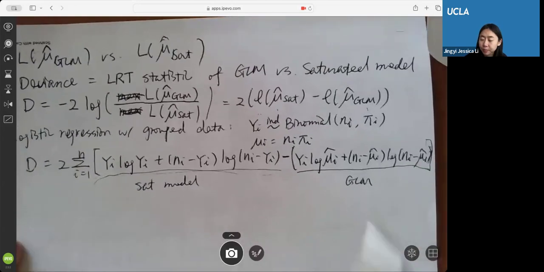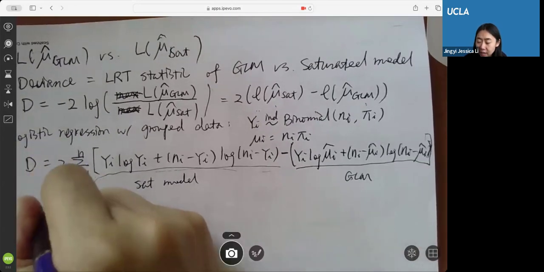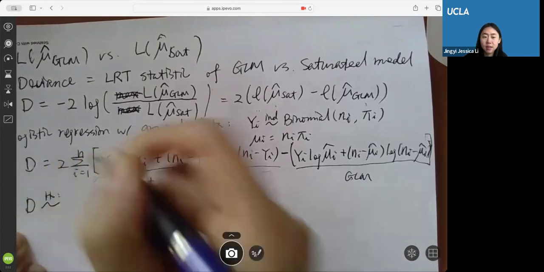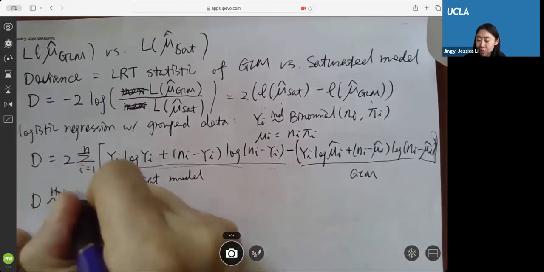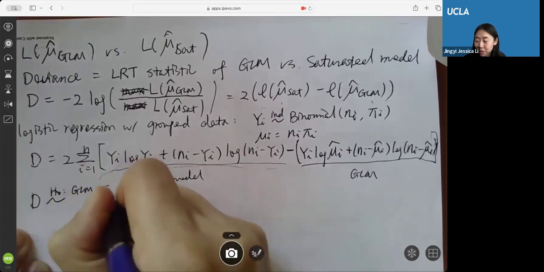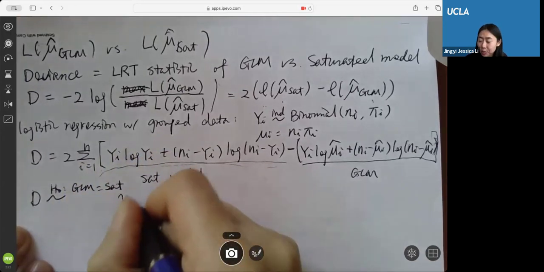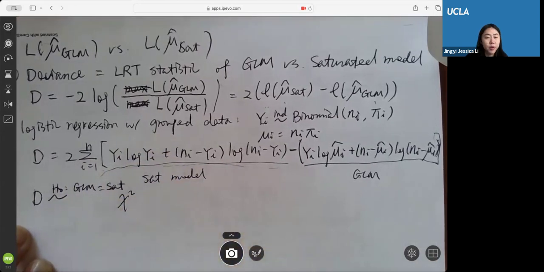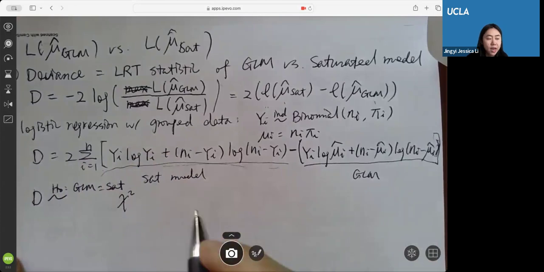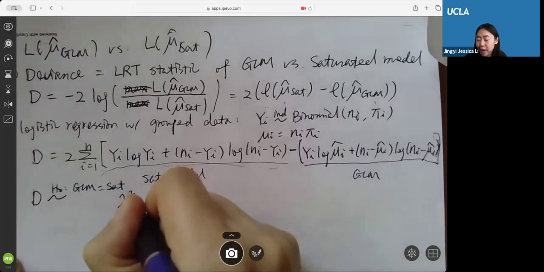So essentially, we write that D under the null, that is, the GLM is equal to the saturated model, should follow a chi-square distribution, where the degrees of freedom is the difference of the two models' degrees of freedom, and that's n minus p.